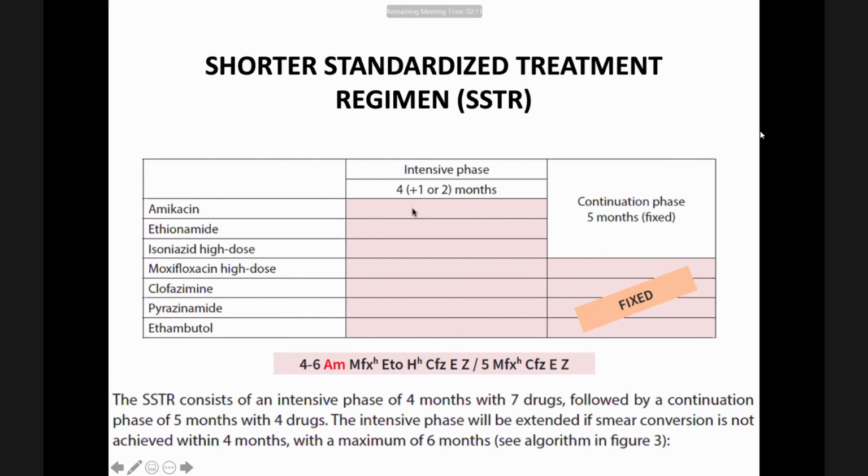Then you can use amikacin, ethionamide, high-dose isoniazid, moxifloxacin, clofazimine, pyrazinamide, and ethambutol. So there is 4 to 6 months of this, and then the continuation phase is a fixed continuation phase of moxifloxacin, clofazimine, ethambutol, and pyrazinamide. This is fixed for the shorter duration of treatment.